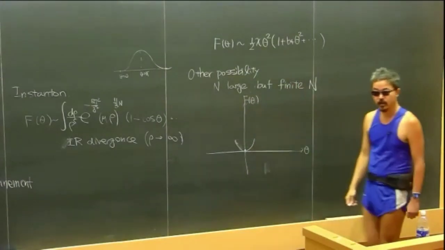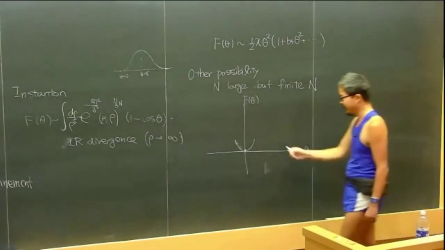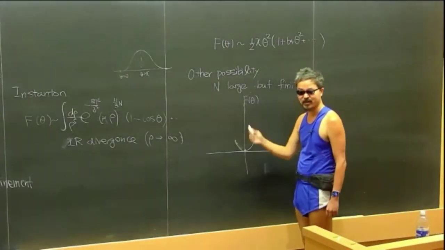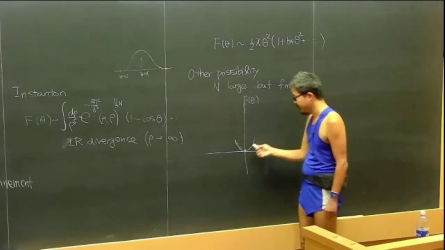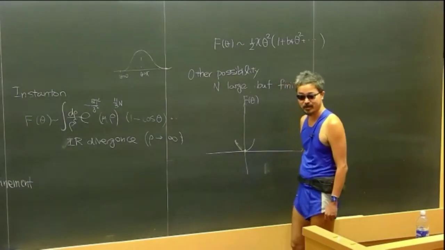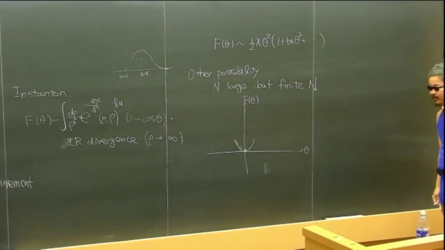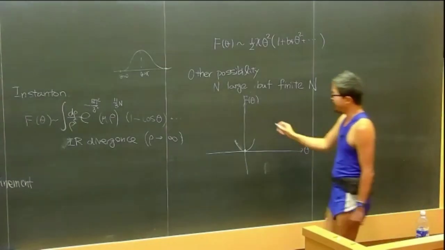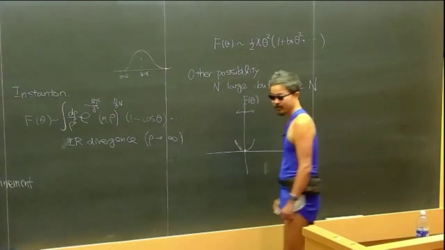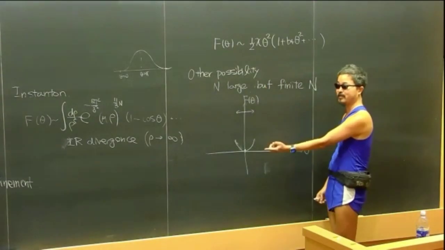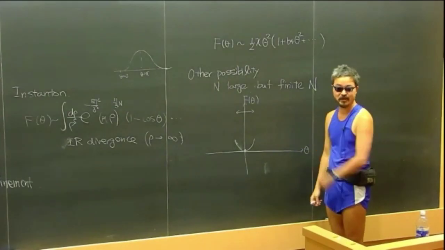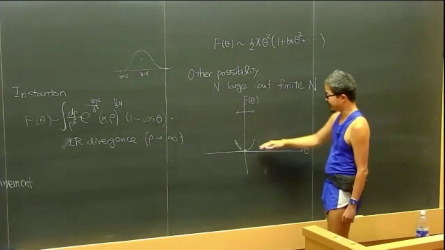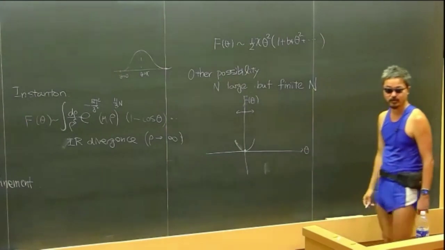But anyway, I'm going to do the numerics, and the fact that this has a positive curvature, you can check. In fact, other people have done it in the old days, and I don't think there is a dispute for that. Now, of course, another comment is that there is a CP symmetry, so there is a theta to minus theta Z2 symmetry. So you can think about only the positive part if you like.